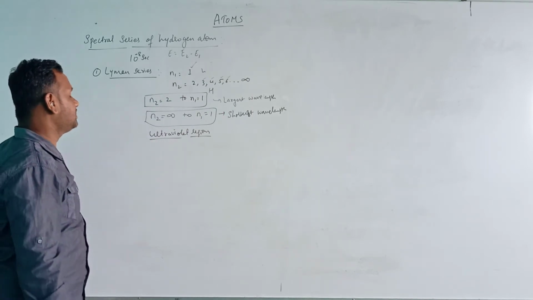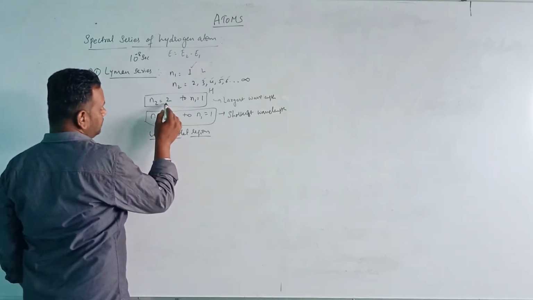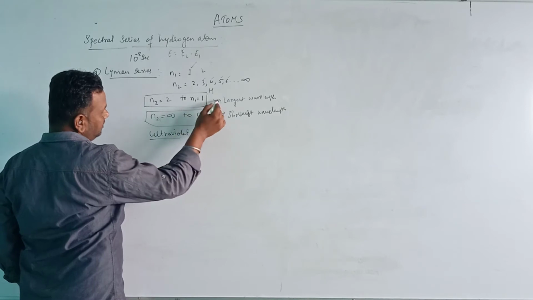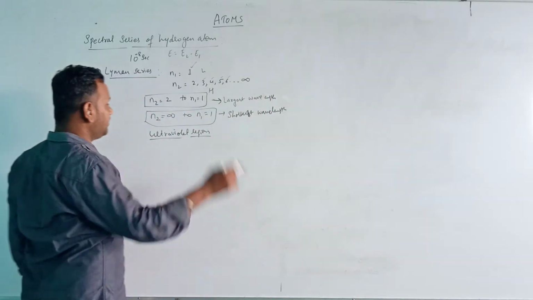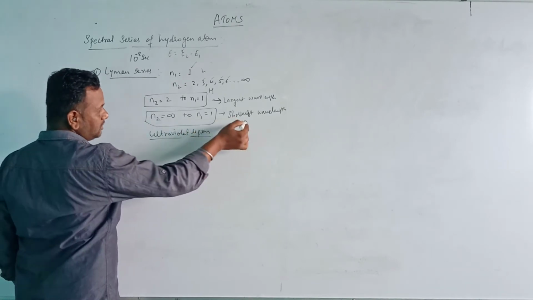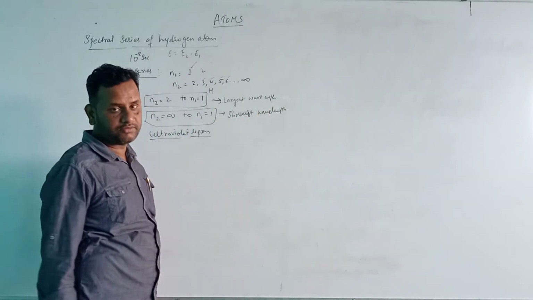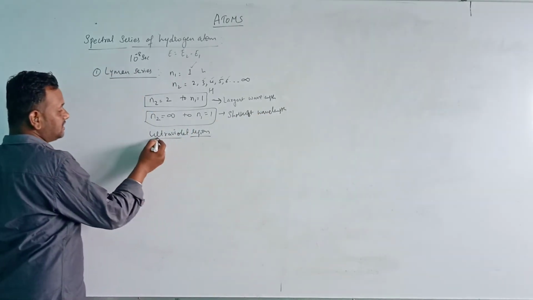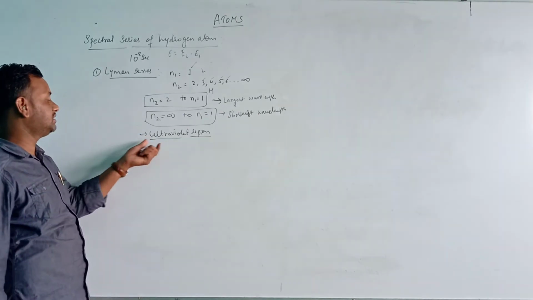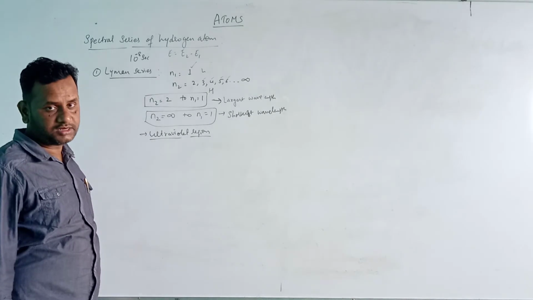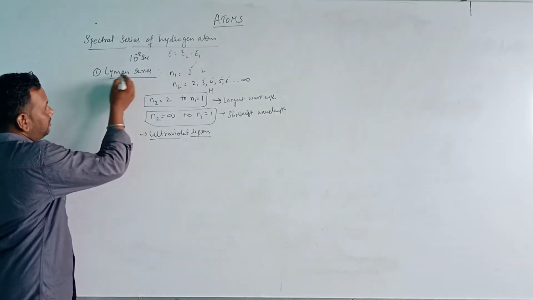If the electron makes a transition from the second orbit to the first orbit, it has the largest wavelength. If it goes from infinity to 1, it has the shortest wavelength. We can see the Lyman series under the ultraviolet region.